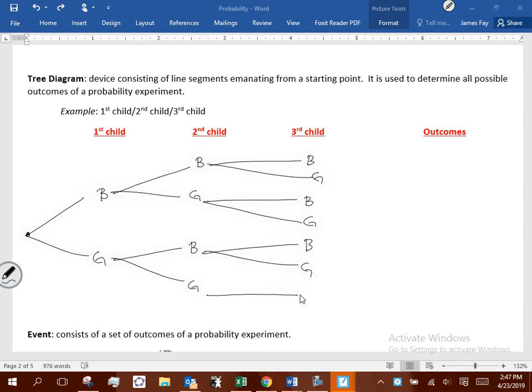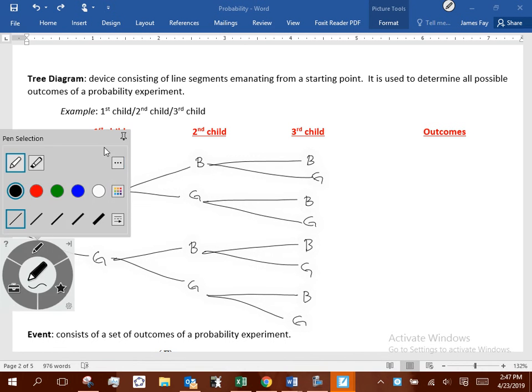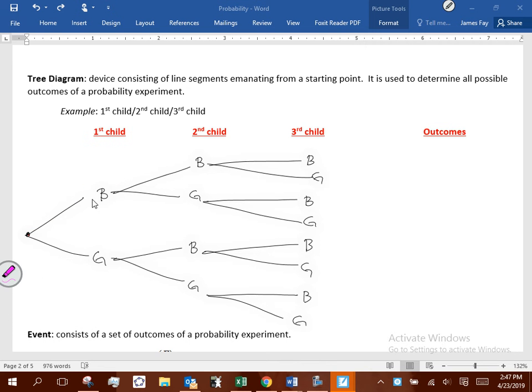Now, the benefit of this is ultimately realized when we go to a 4th child and a 5th child, or we have more than just 2 options per child or per scenario here. But what we realize then is if we start back here and follow the branches of that tree, that provides us one outcome.